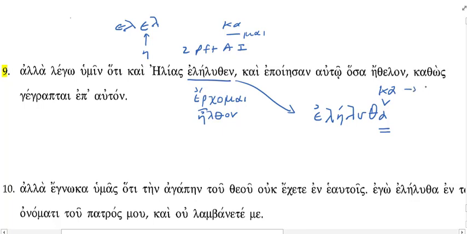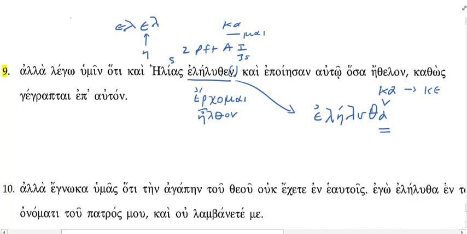Well, ka can become k in which person and number? The third person singular. So if I'm missing the kappa for a second perfect, the third singular would be just an epsilon where the alpha was. So eleluthe, and this nu is movable. Okay, so because Elias is the subject and it's a he, third person singular, I've got a third person singular perfect here. Okay, so however I tell you that Elijah has come, he has erchomai.